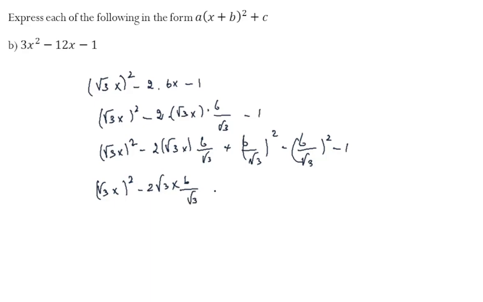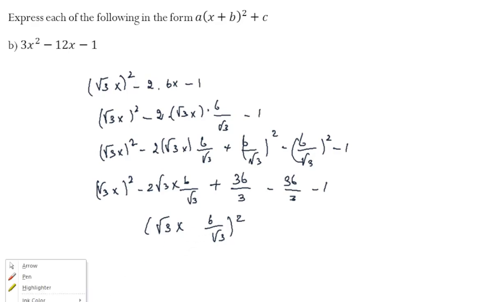So we have 36 by 3 minus 36 by 3 minus 1. We can write the first three terms in the form (root 3 x minus 6 by root 3) the whole square.